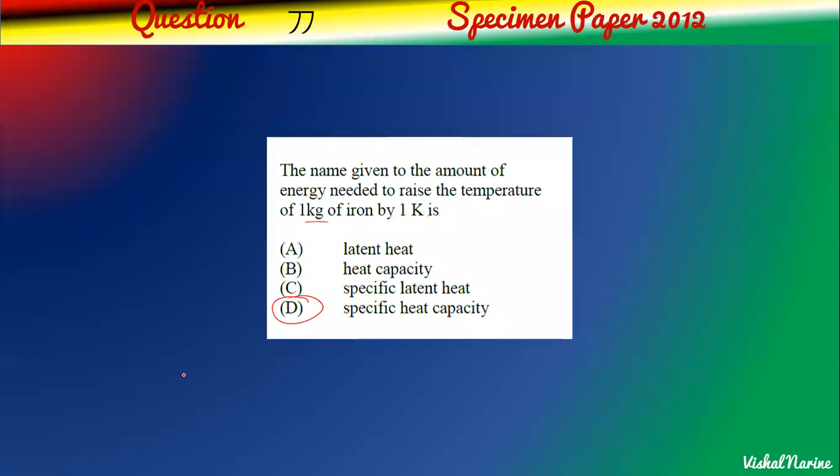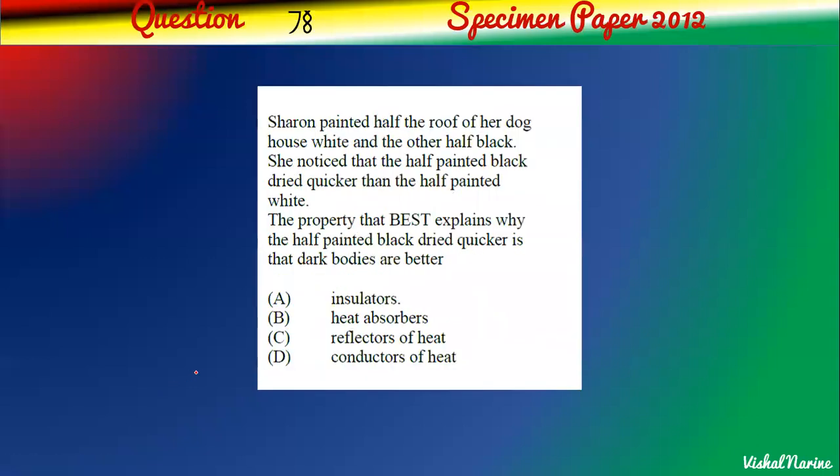Or the 77? 78? All right, so yes, I see most of you probably have seen this question before because right away you say it is B, and B indeed is correct.